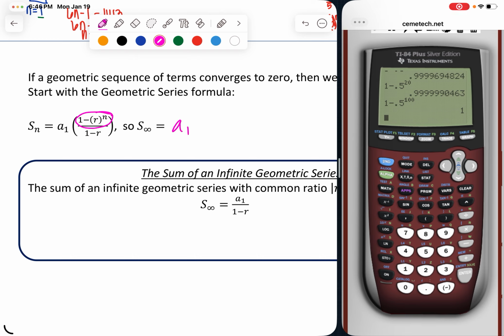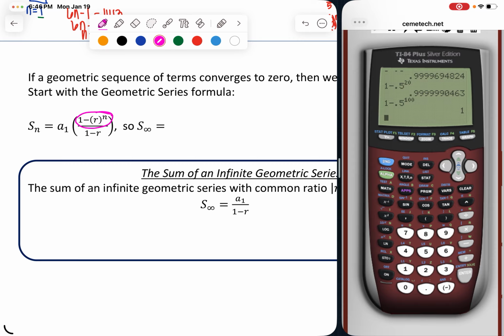And then we have a sub 1 in the numerator, right? Because why not write it in the numerator over 1 minus r? That was a terrible explanation. But, long story short, let's write this.